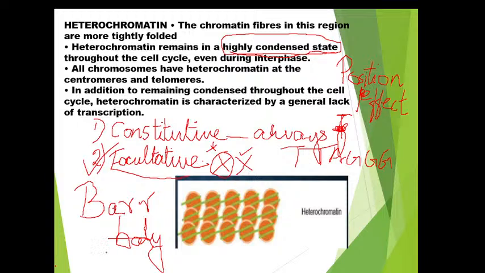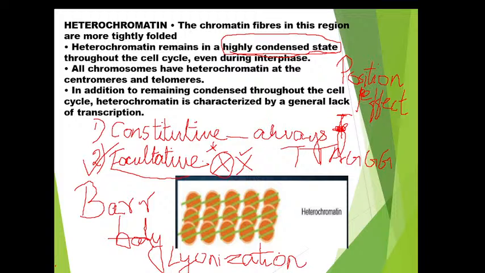Now, because the inactivation of the X chromosome and the heterochromatinized bar body was studied by Mary Lyon, this is also called lyonization. Lyonization is the inactivation of one X chromosome in females or mammals.